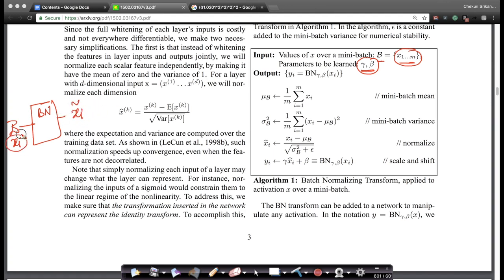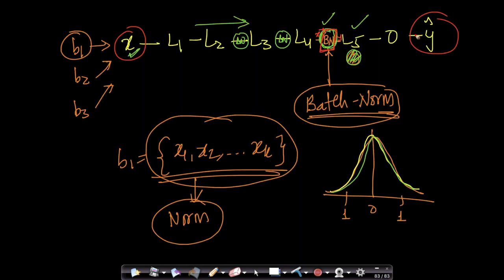So your input is a batch, it outputs a batch. Let's call that batch B tilde. Batch normalization has two parameters, gamma and beta. Let's understand what it does. Instead of yi here, I prefer to call it xi tilde, because I really don't want to confuse you with notation.